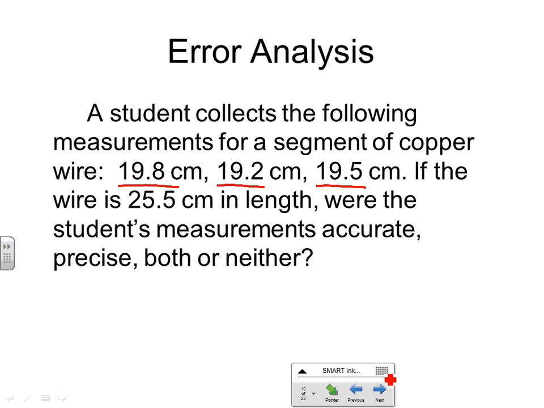But the actual wire length was 25.5 centimeters. So knowing that, we can say our student was not accurate at all. Our student didn't have numbers very close to 25.5. But the student was pretty precise because each of these values were not that far off from each other. So yes, they were precise. No, not accurate.